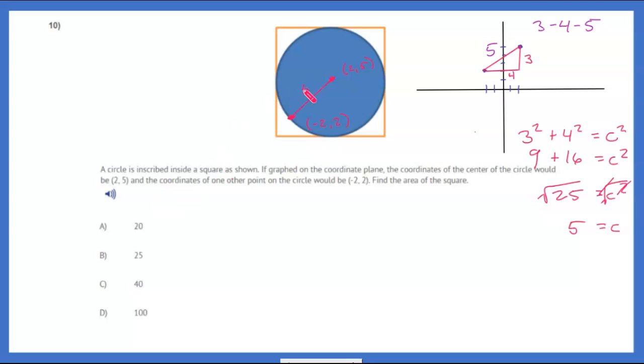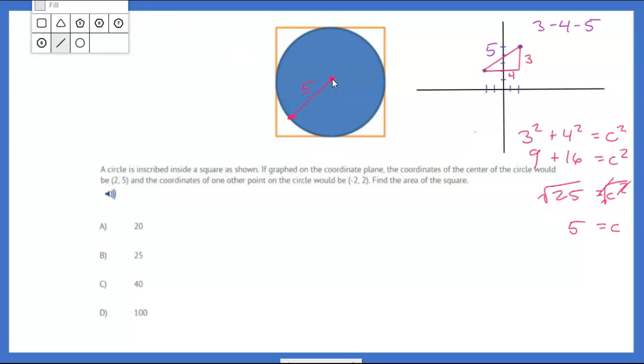All right, so we found the radius now. We know that the radius is 5. I'm just going to erase these points for a second because I think that was the majority of the purpose of having those points, was finding that distance. Now let's look at the rest of the problem. Find the area of the square. Well, we might need to look at this a bit, kind of stare at it, see if we can decompose this square.